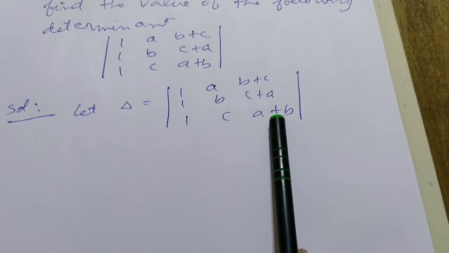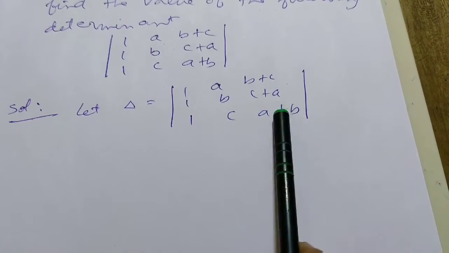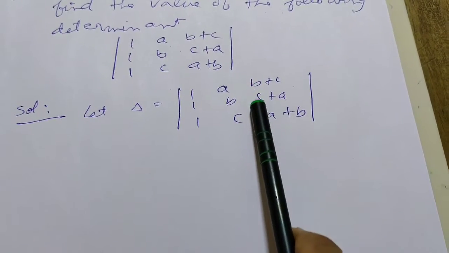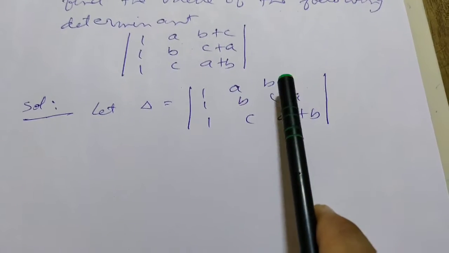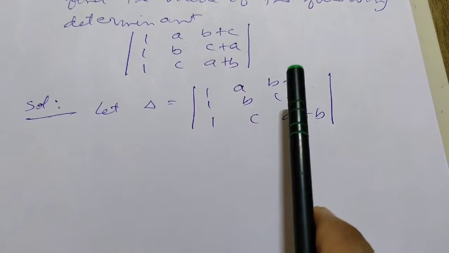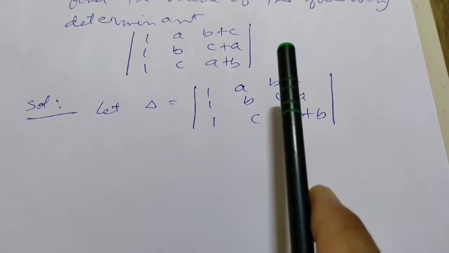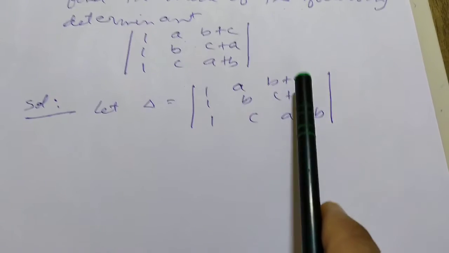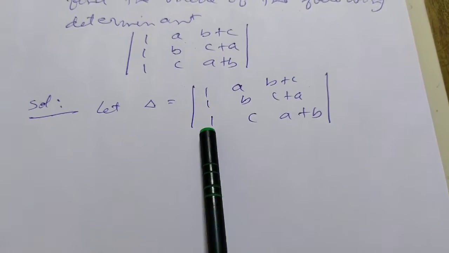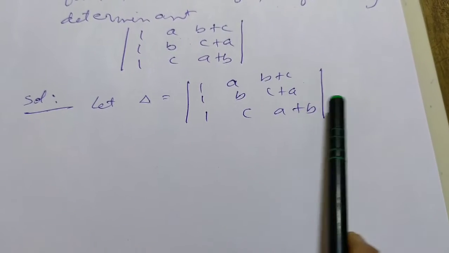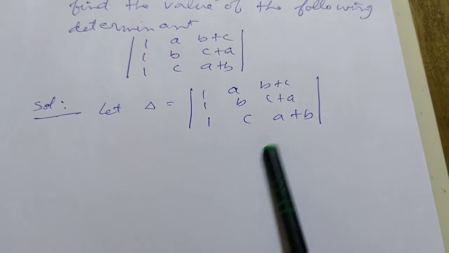And if I add c with a plus b, I will get c plus a plus b. That is, all the three entries of column 3 will be a plus b plus c. That means they all are identical, and therefore we can take out the element a plus b plus c common from column 3, and what we will be getting here is 1 1 1, and then column 1 and column 3 will be identical, therefore the value of the determinant will be 0.